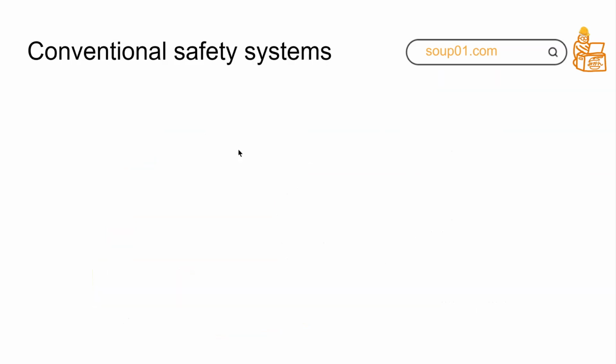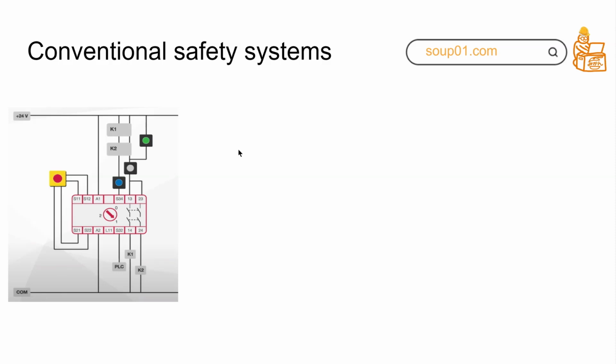The classic safety system looks like this. You can see here that there is hardware wiring with some safety relays, and this is very good and does not cost much for classic, simple safety applications.